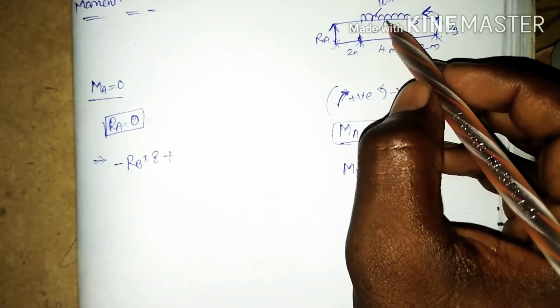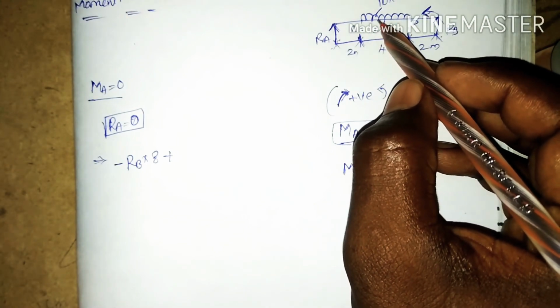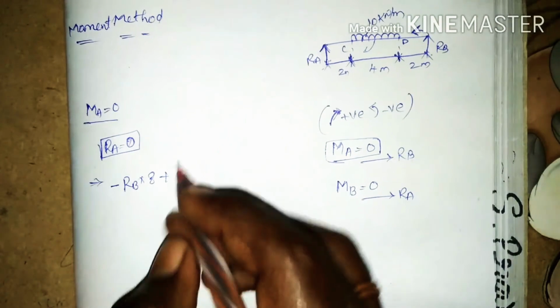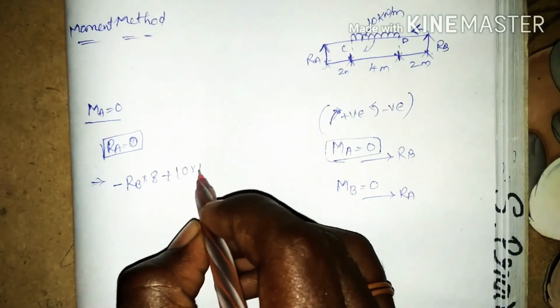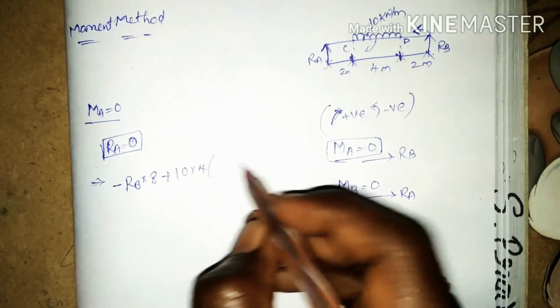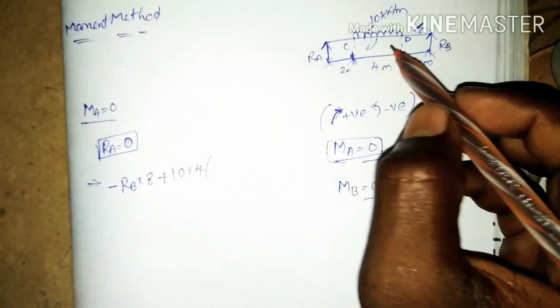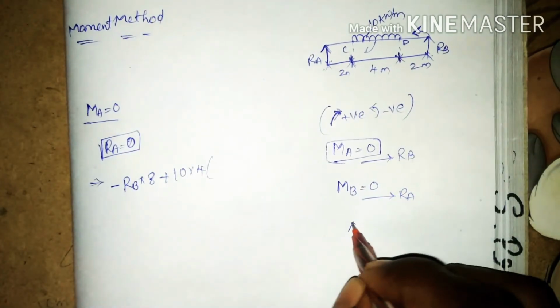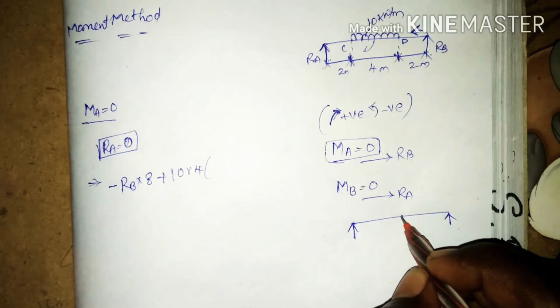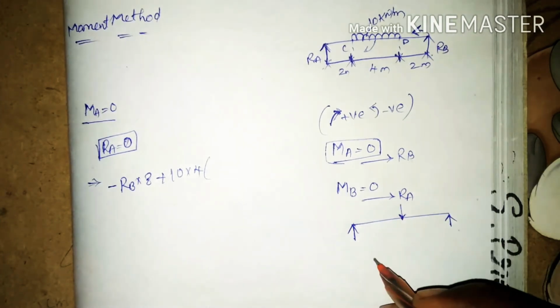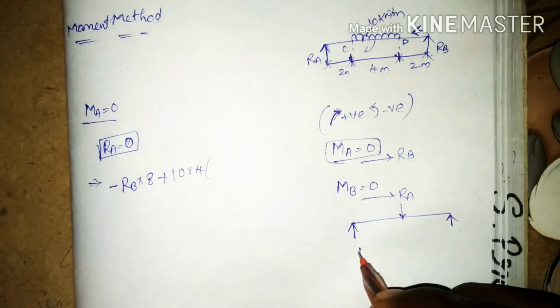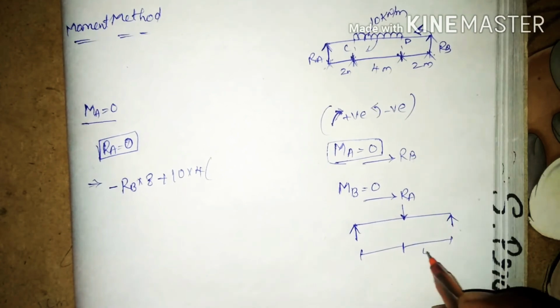To take the moment, it has to be converted to a point load, so 10 into 4, which acts at the midspan of the beam, 4 meters.